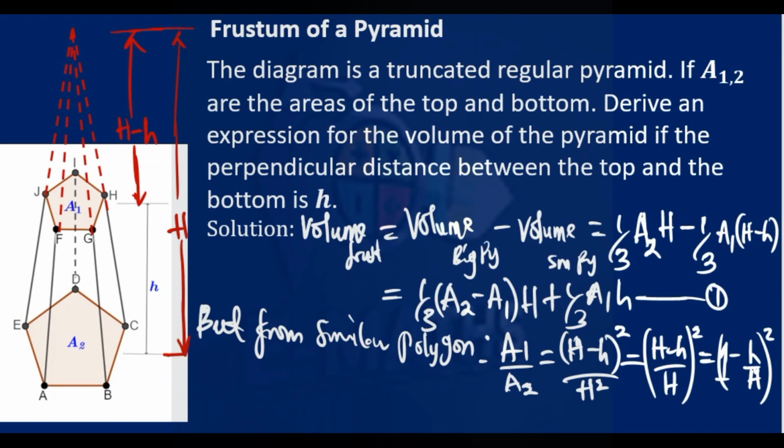Let's continue. We move the square to the other side to be the square root, so I have that 1 minus h over H is the square root of A1 over A2, which is the same as the square root of A1 over the square root of A2.